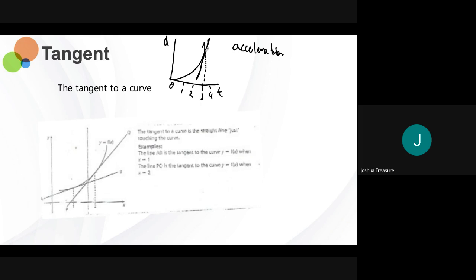After you establish the tangent, what do you do next? You use it to find the gradient of your slope. Perfect.